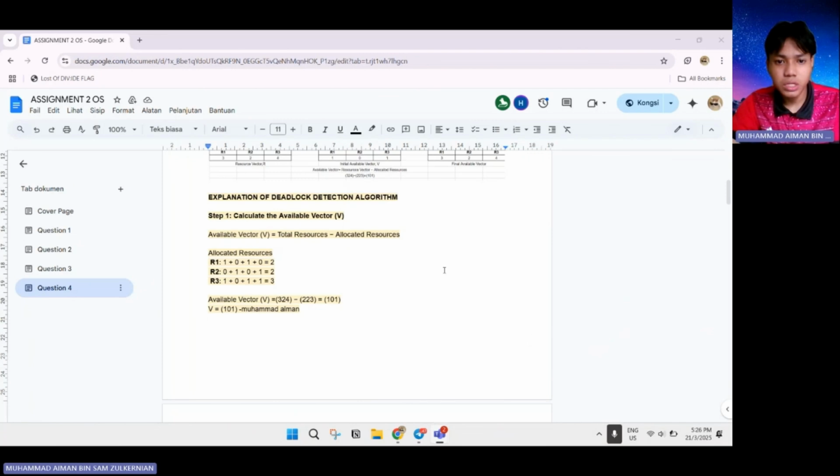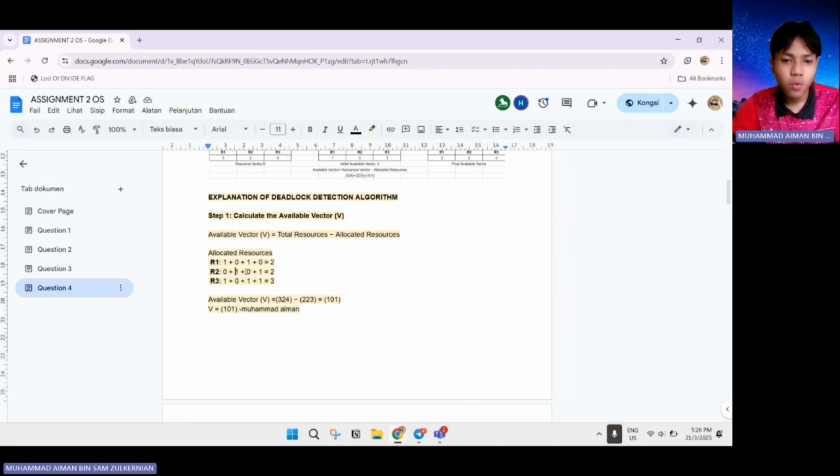Now the explanation of the deadlock detection algorithm. For step 1, we need to calculate the available vector. Available vector equals total resources minus allocated resources. For R1, we add the allocated resources: 1 plus 0 plus 1 plus 0, so the total is 2.